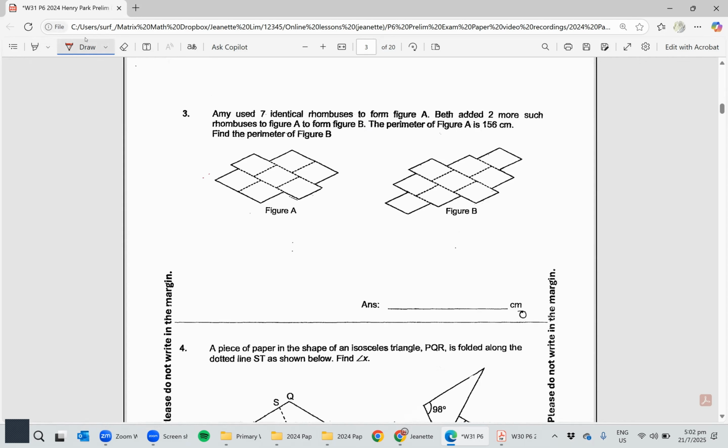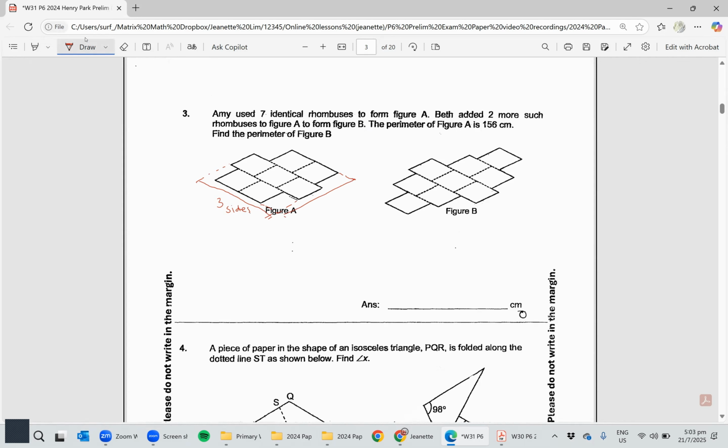From this end here to this end here, right, that's three sides. Then from this end here, because these are all rhombuses, the sides are all equal.